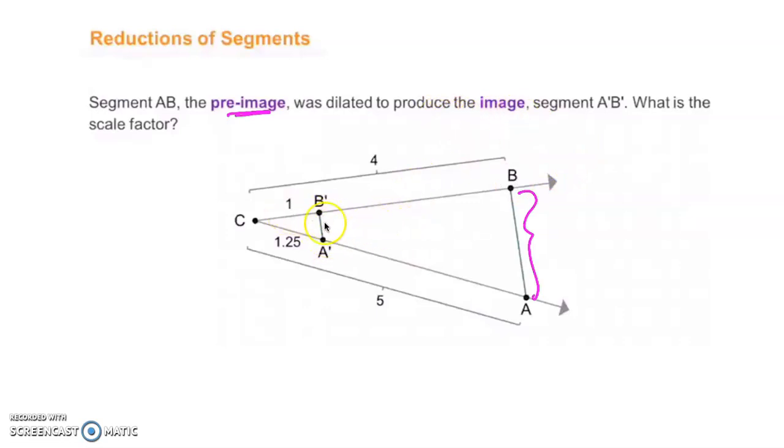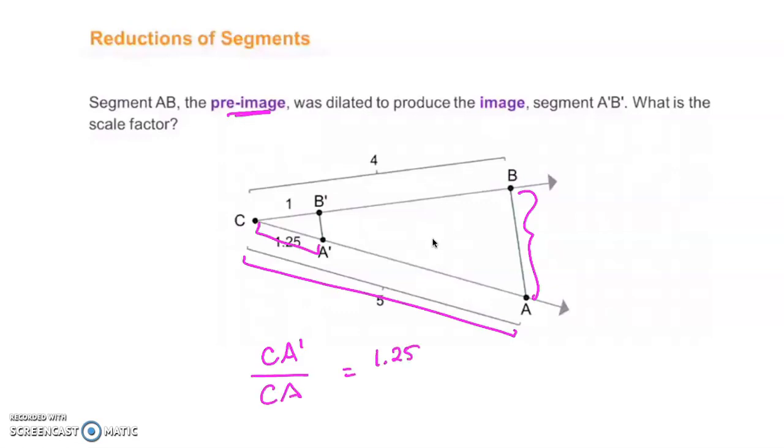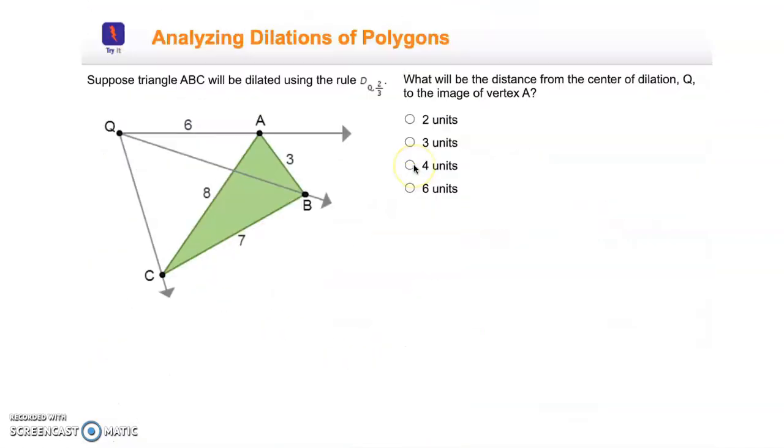So if we're trying to find the scale factor, we take the image over the preimage, and so that would be 1.25 over 5, and if we figure that out, we end up with 1/4, which is the same thing as if we did up here, 1/4, C prime B prime over CB. So that's another way you're going to hear it, as preimage and image.